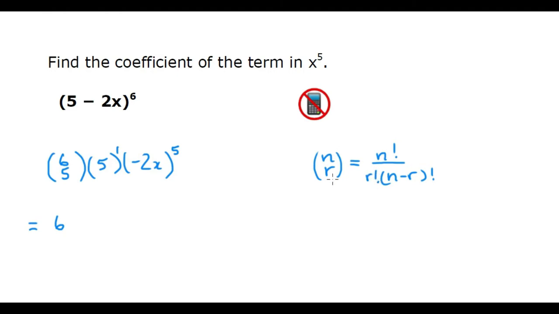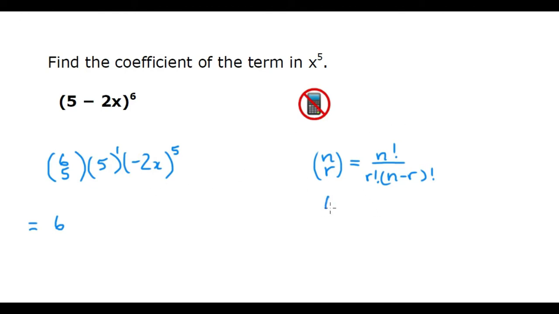So n choose r is n factorial over r factorial times n minus r factorial. And remember, the n factorial over n minus r factorial is simply the fundamental counting principle, and the extra r factorial is removing order here, because of course order is not relevant once we multiply those 5 minus 2x items together.